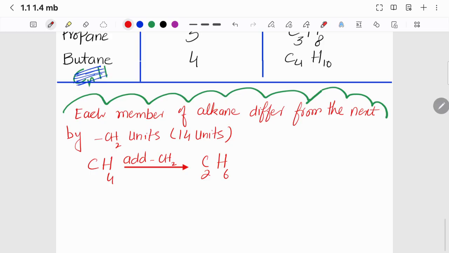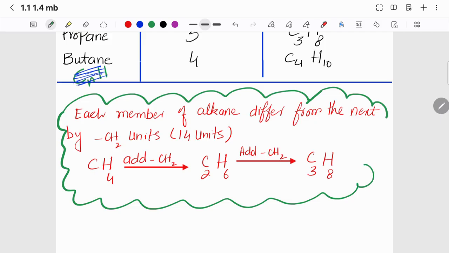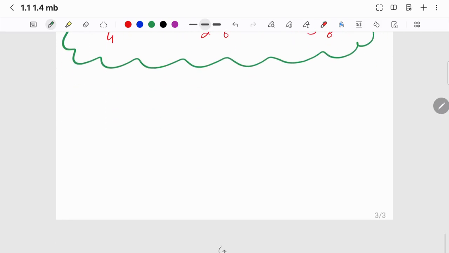Similarly, C2H6, if we add another CH2, it would be C3H8. Can you see? I'm getting the successive member just by adding CH2 to my previous formula. This is an important thing that you must remember.